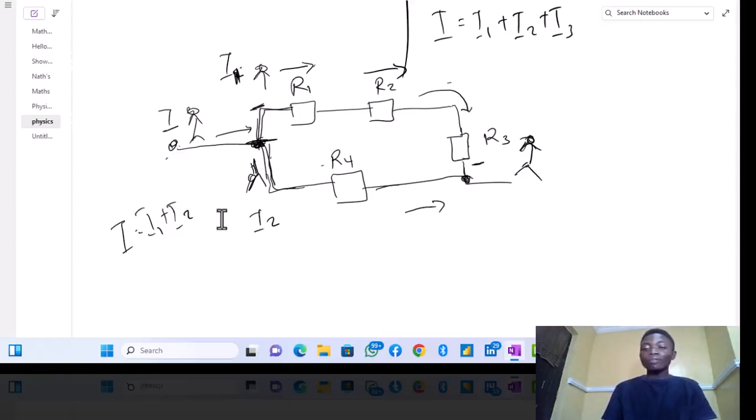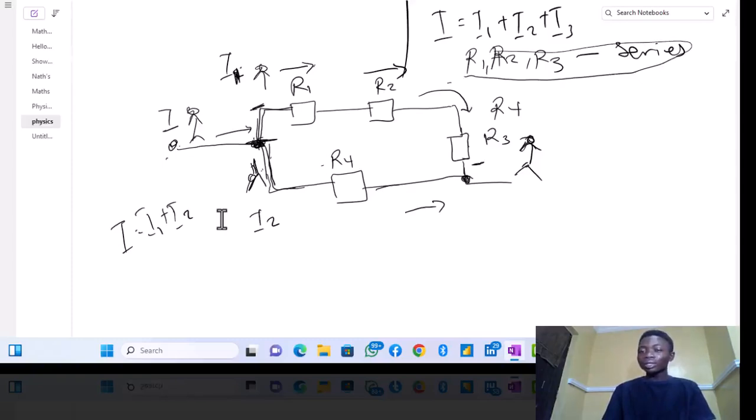So we have R1, R2, and R3 in series, and also we have R4 standing on its own. But the current is divided at this junction. So this means that this whole combination is in parallel with just this guy.